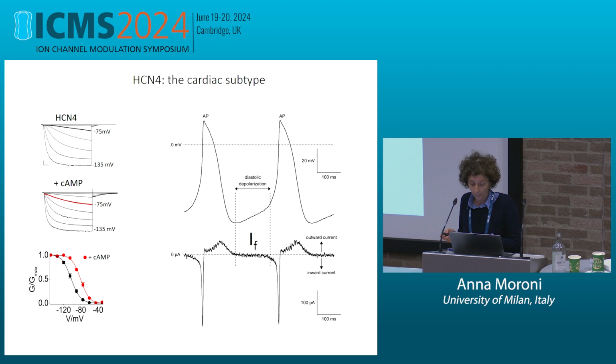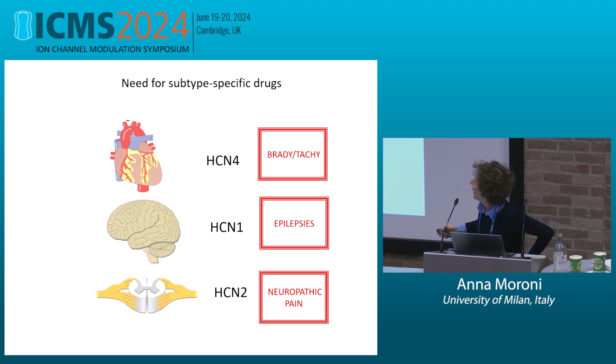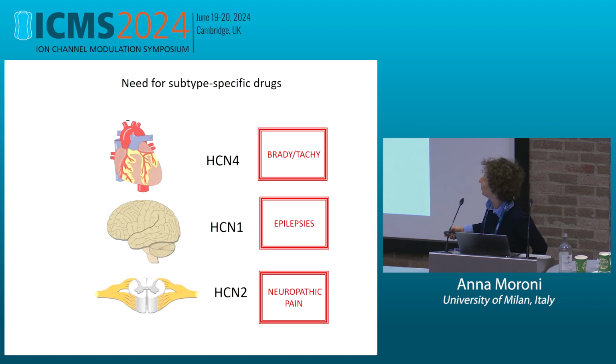So as I said, HCN are also heavily expressed in other parts of the body. In particular, HCN1 and 2 are neuronal, and therefore they are related to a large number of important diseases in humans.